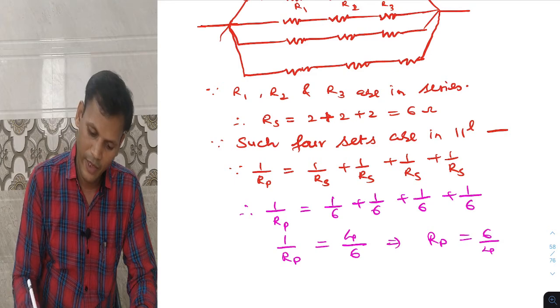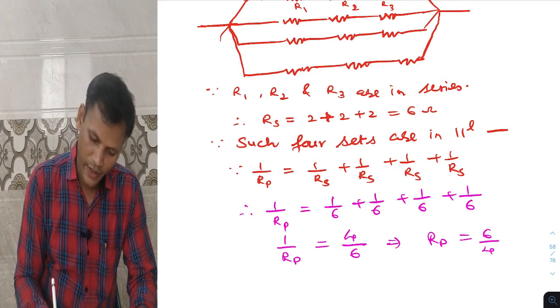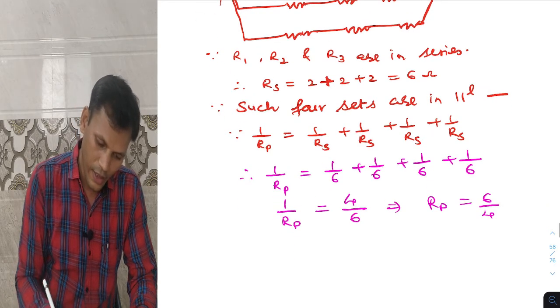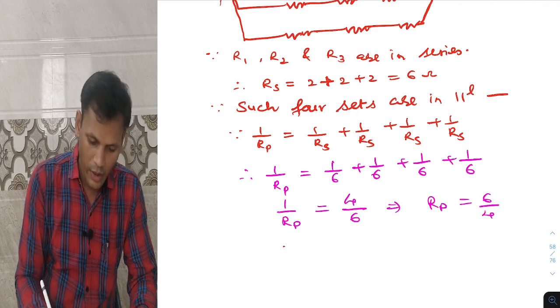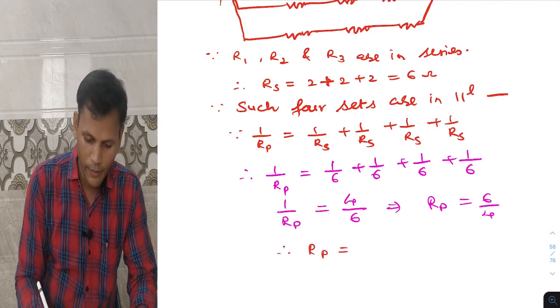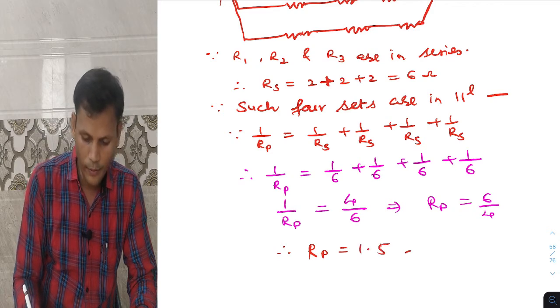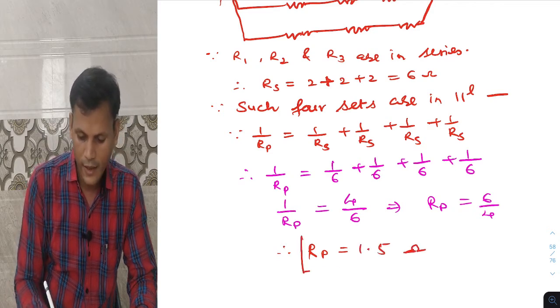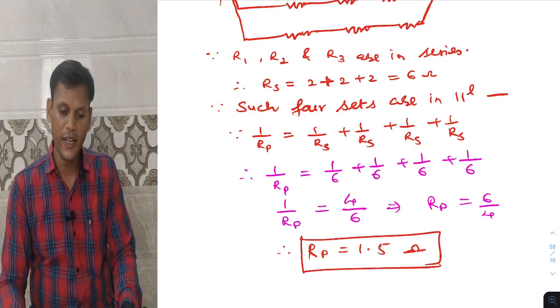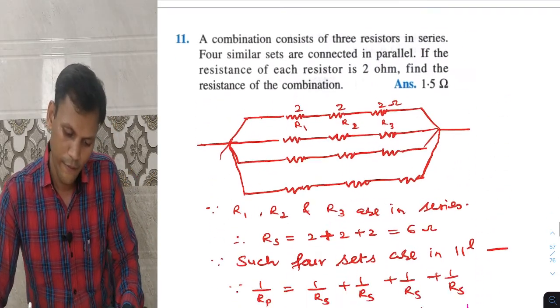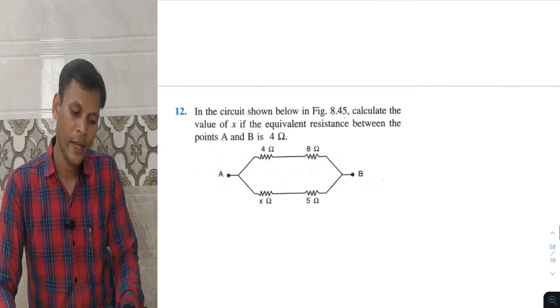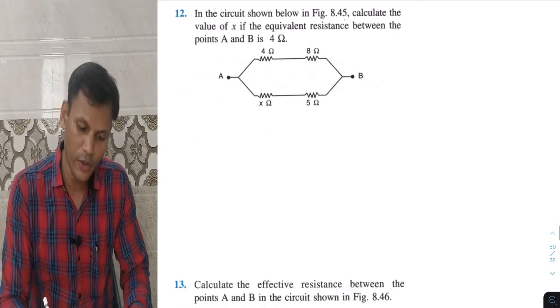And 6 by 4 will be 3 by 2, which is 1.5. Therefore Rp will be 1.5 ohm. This is the final expression. So the equivalent resistance for this sum is 1.5 ohm. Next question is question number 12.